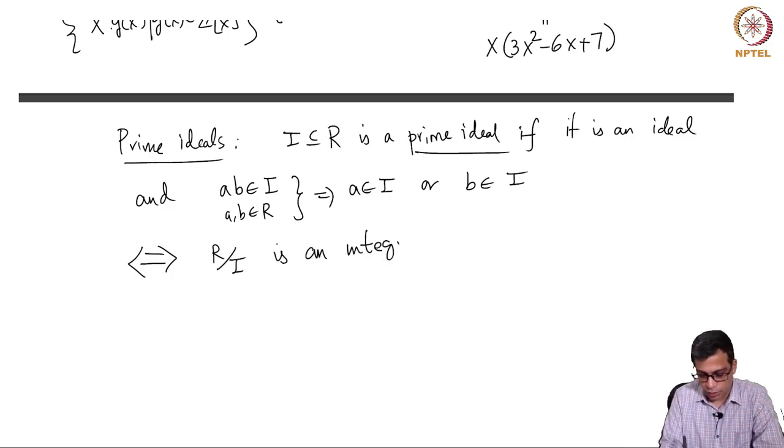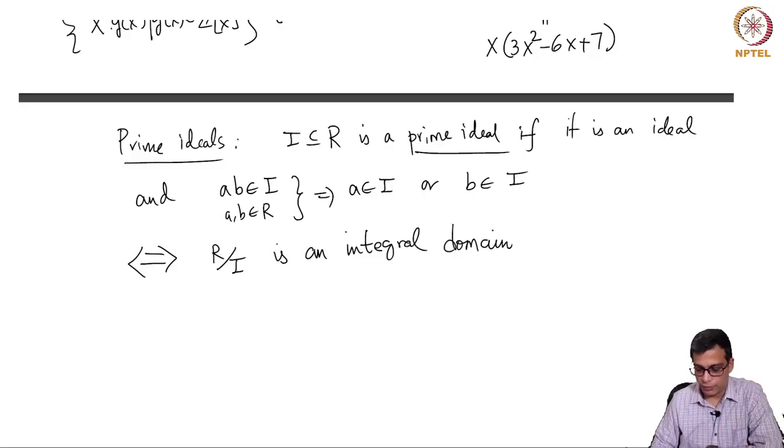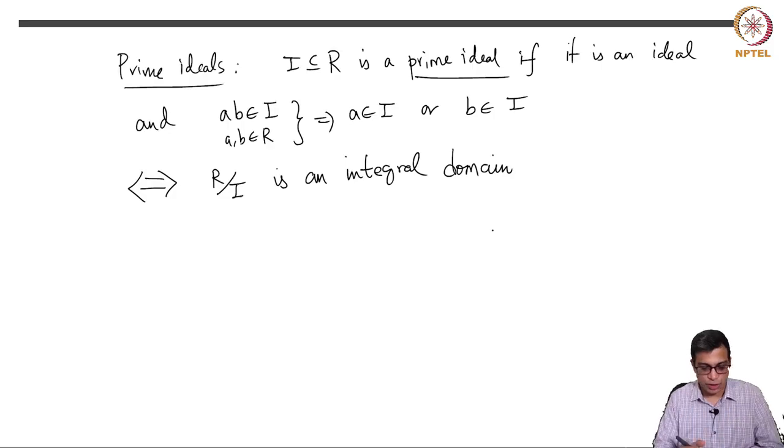These are important notions and terminologies which you should recall before we go further in this course. Okay, integral domain means no zero divisors. That means if you multiply two non-zero elements, you get a non-zero element.